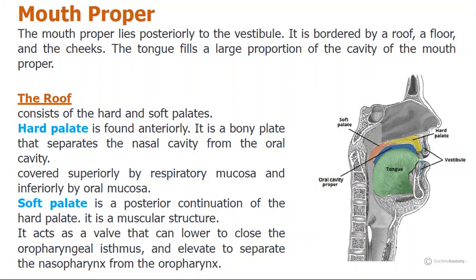Now, the posterior portion of the palate, of the roof of the mouth, is the soft palate, which is composed of more or less muscular tissue, with some mucous glands, and is also covered by mucosa. From the oral side we have, as we said, the oral epithelium.